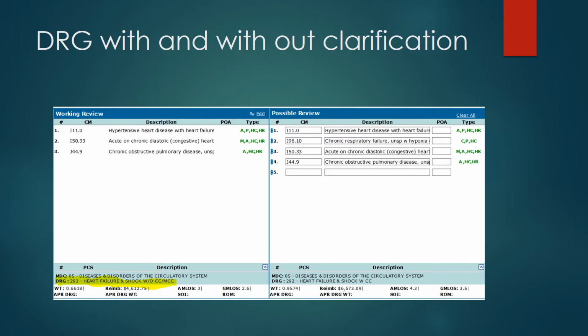So it looks like there was a question asked about chronic respiratory failure. The question will change the DRG to 292 and give it a CC or comorbid condition. It changes the weight and the length of stay.